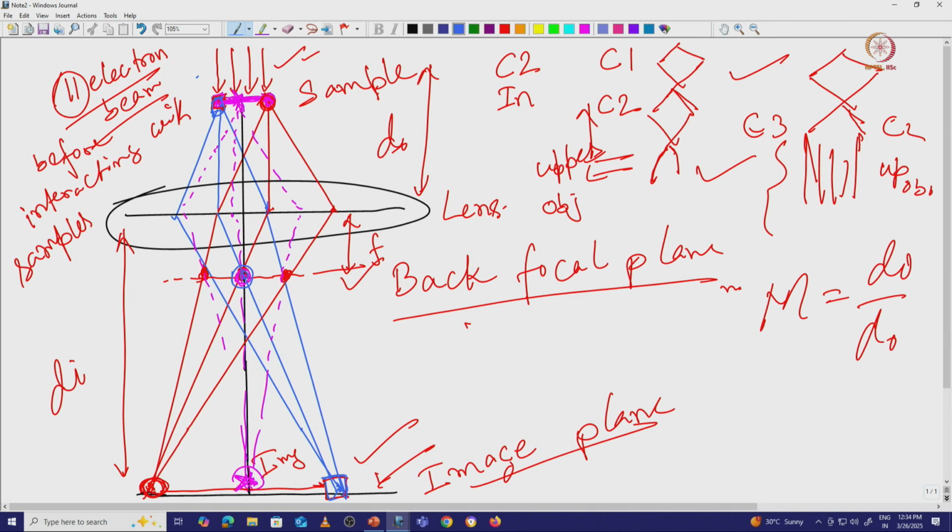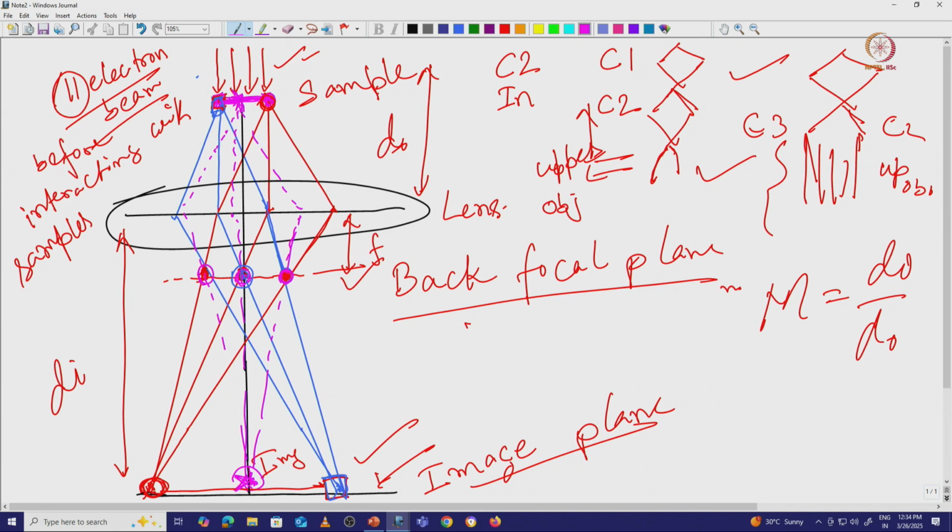The same information we are getting here. We are getting some information from these blue rays, some information from these red rays, and some information from this pink. So, this point is a mixture where some kind of scattered electron beams are coming from the square, star and red.